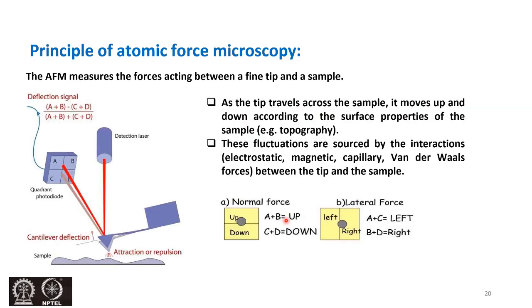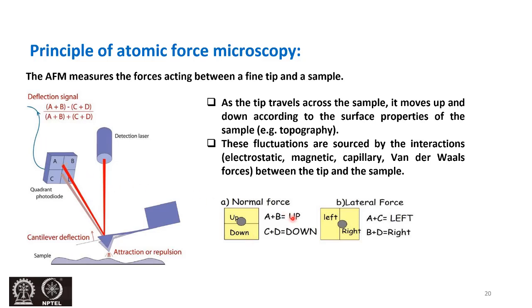So this is the principle, and we have four quadrants in the photodiode. If it is deflecting, if A plus B, it is going upside, that is a normal force. If it is coming down, that means C plus D. This will give the information to the closed loop, and then it will try to come back to the center position.